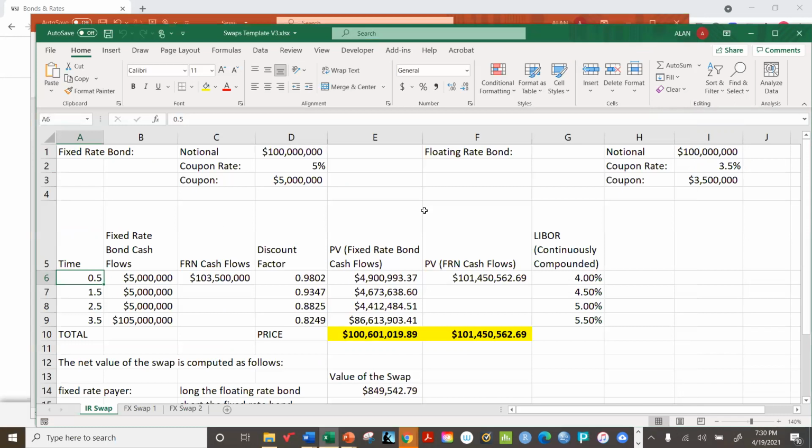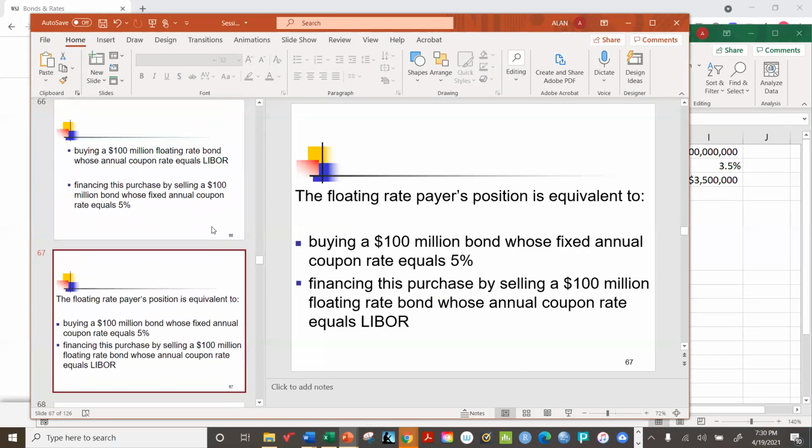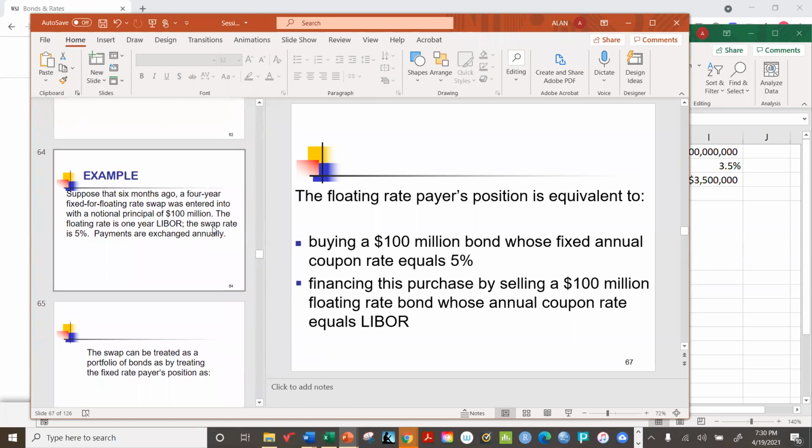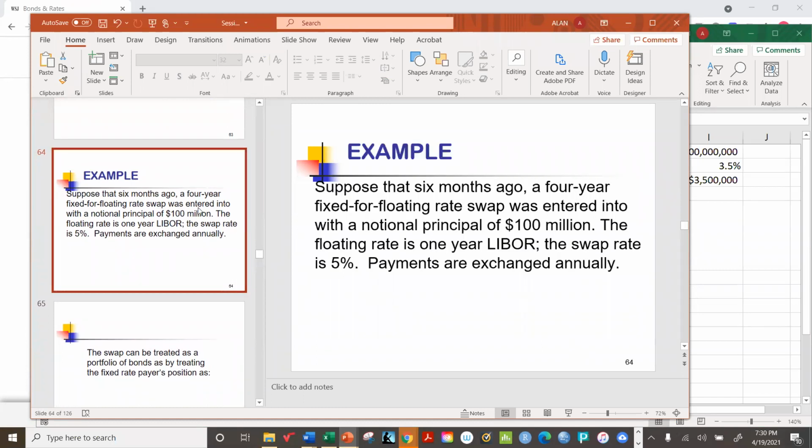So we're going to go into Excel and say, all right, this is a $100 million bond. The coupon is 5 in this example. Once the bond is issued, the coupon rate never changes.